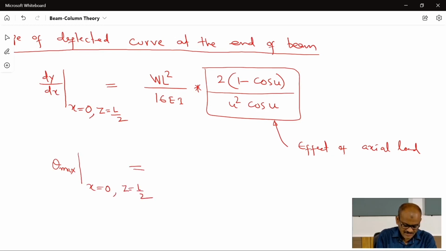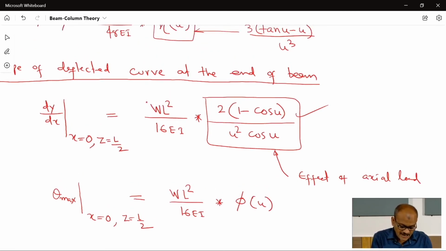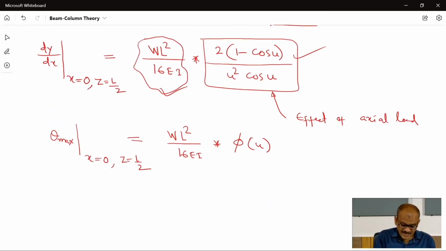So the maximum slope is WL square by 16 EI multiplied by, I am writing this as phi of U. This is one interesting thing I forgot to tell. This factor is the slope produced by lateral load W acting alone at the center of the beam.